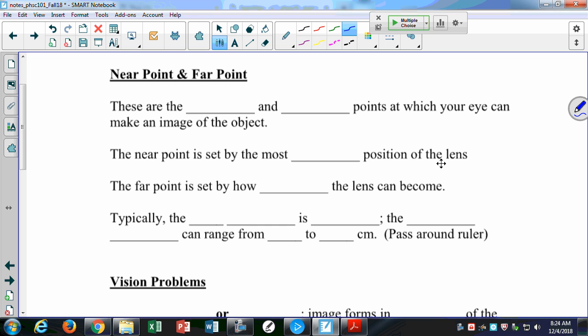Okay, so near and far point. These are the nearest and furthest points at which your eye can make an image of the object. The near point is set by the most curved position of the lens. Remember, as things get closer, you squeeze down that lens and make it more bulbous, which gives it a shorter focal length.